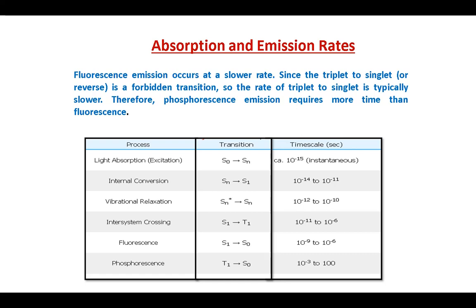Therefore, understanding the time scales each process can happen in is imperative to understanding if the process may happen. The table below compares the absorption and emission rates of some basic photochemical processes.